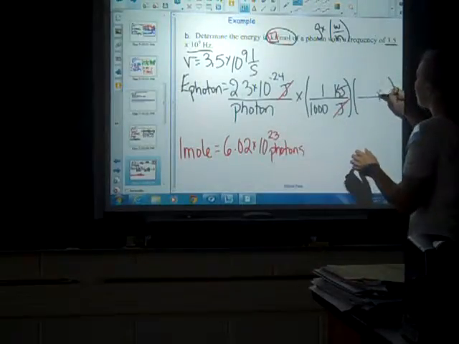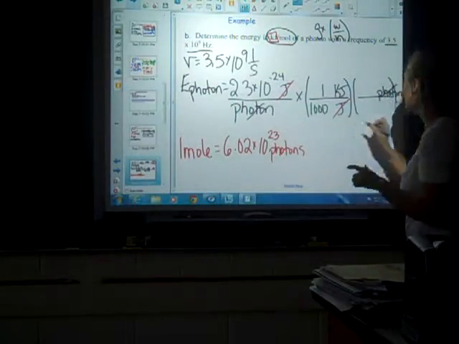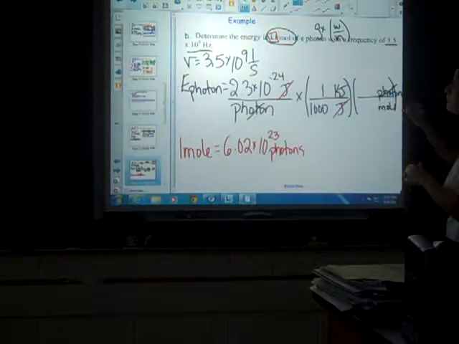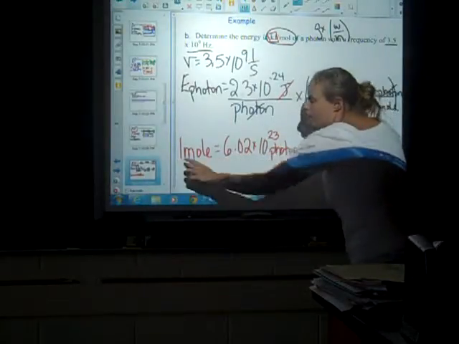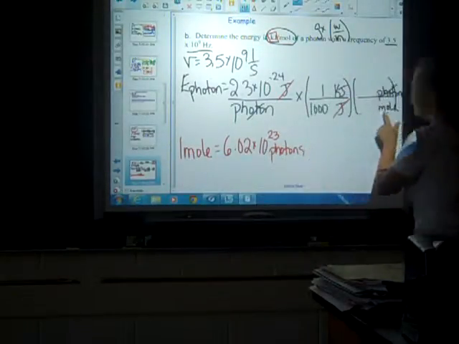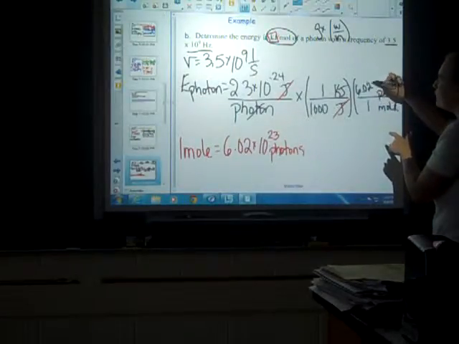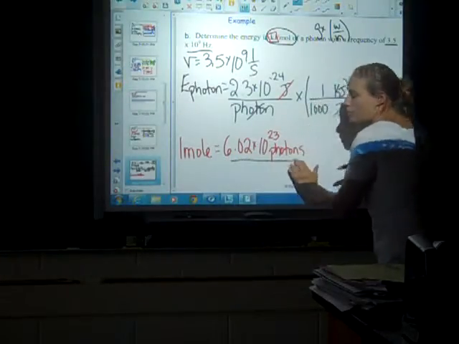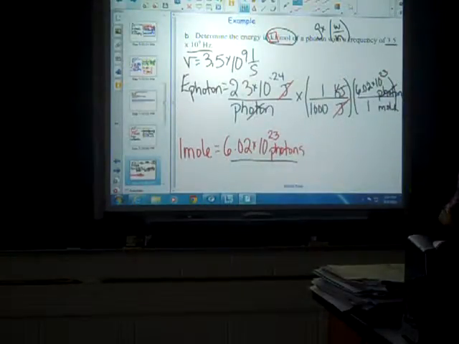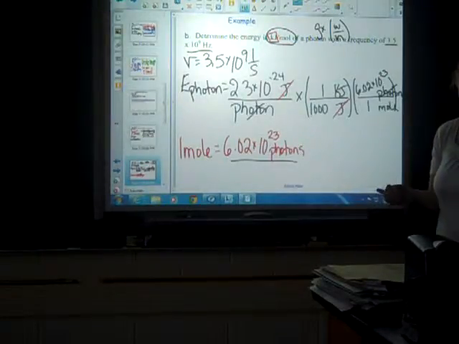I need photons at the top, right, kitty corner, to get rid of them. And I want moles at the bottom. That's my 1. It's just at the bottom this time. And I'm going to place my numbers in with the units. 1 mole is equal to 6.02 times 10 to the 23rd. This number, Avogadro's number, is right in your reference table. So again, all you need to do is be able to use or locate those values on your periodic table.